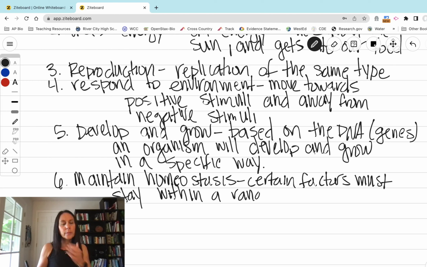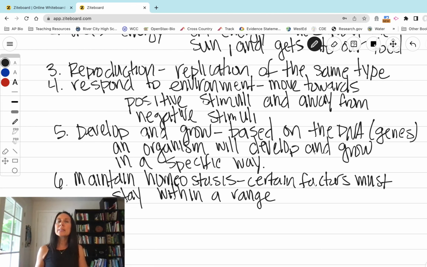Okay. And then the last thing is that all organisms are living within a population, okay? And so there's a population of the same species, and that species needs to be able to adapt to the changing environment, because since Earth started, the environment always changes no matter what. And the environment is going to change, and that population of that species needs to adapt to that change.